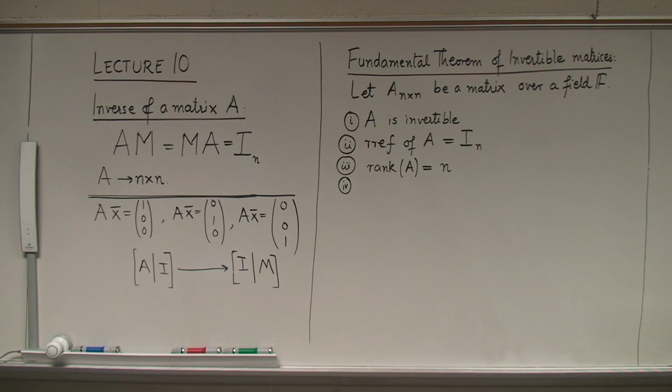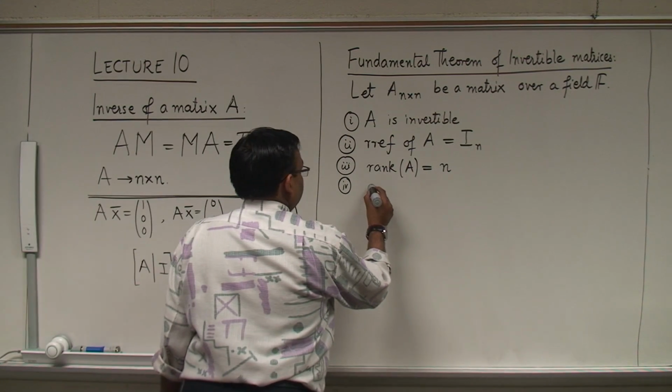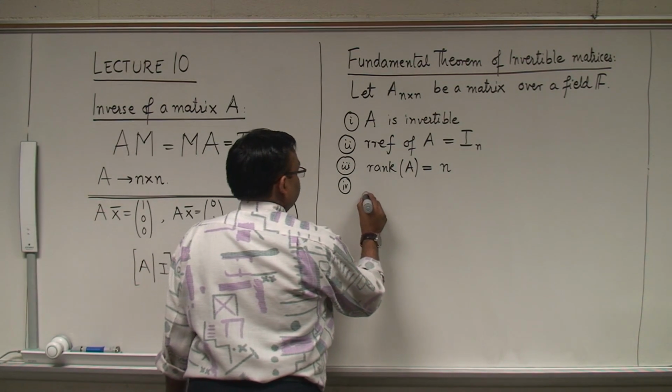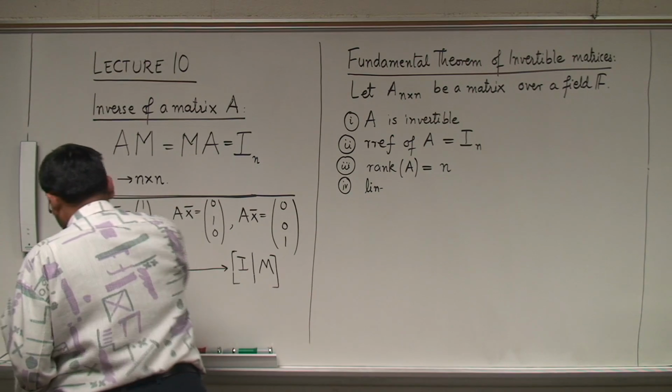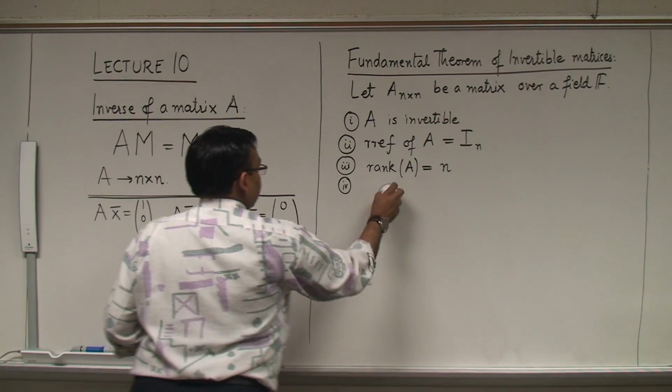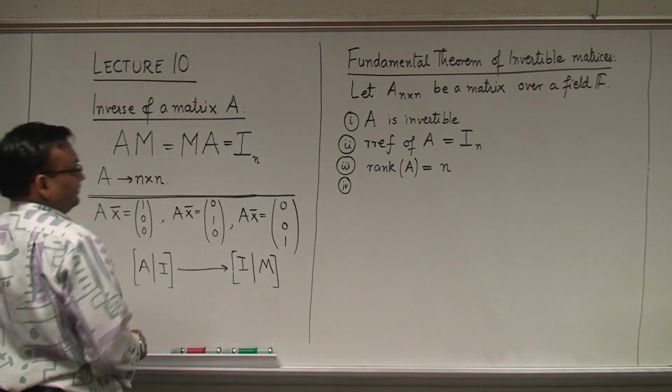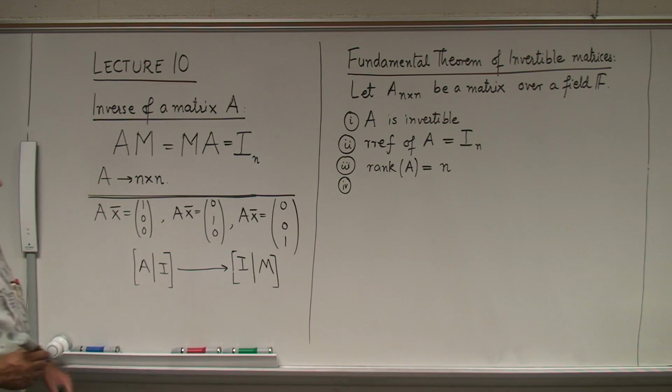Let's see. A is invertible, we have the row reduced form, we have the rank taken care of. Let's talk about linear independence. If the rank of my matrix is n, then all the columns are pivot columns.